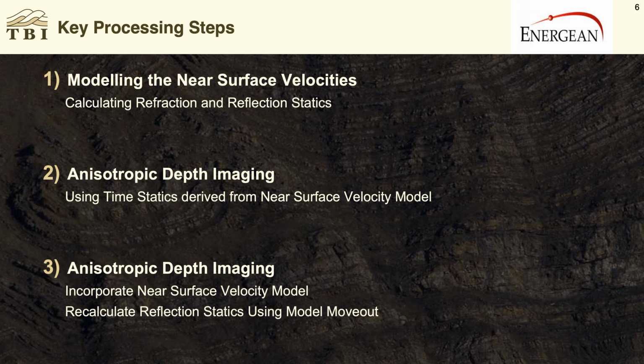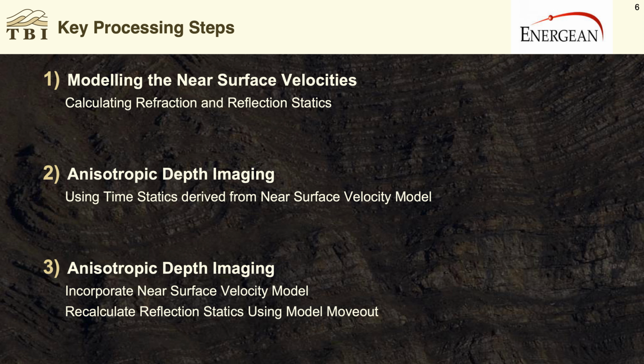The workflow has been divided into three main processing steps: modeling the near-surface velocities, anisotropic depth imaging. It is pretty standard across the industry to apply the time statics derived from the near-surface velocity model, as well as residual statics to the data prior to depth imaging.